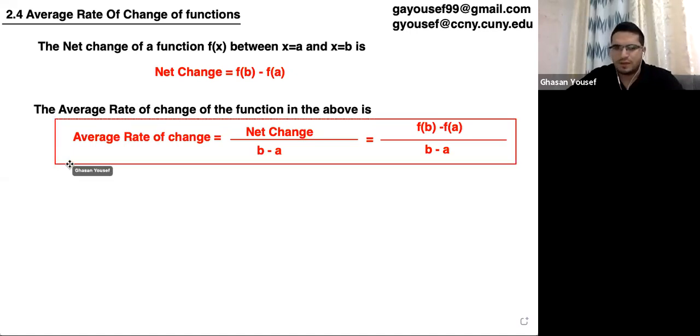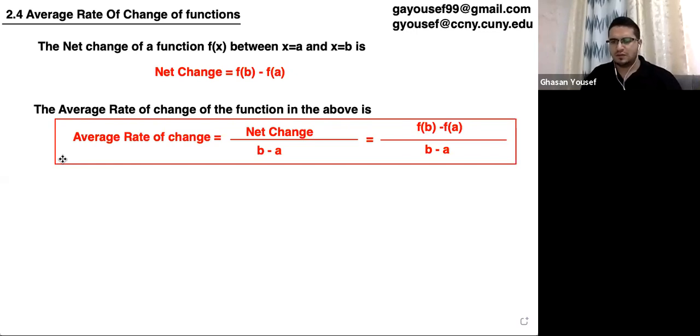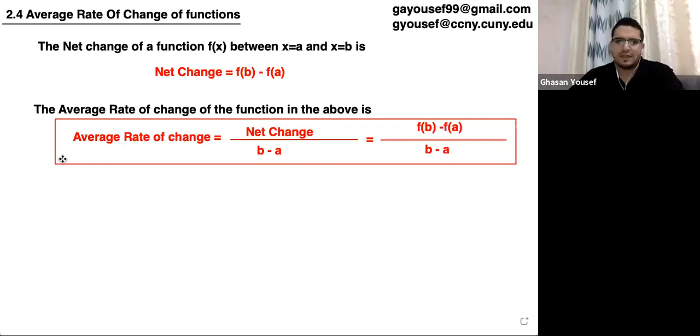Okay. Also, you should know the average rate of change is the slope, but it's not the slope for the function, because sometimes the function is a parabola. It does not have a slope. The slope is only for a linear function.